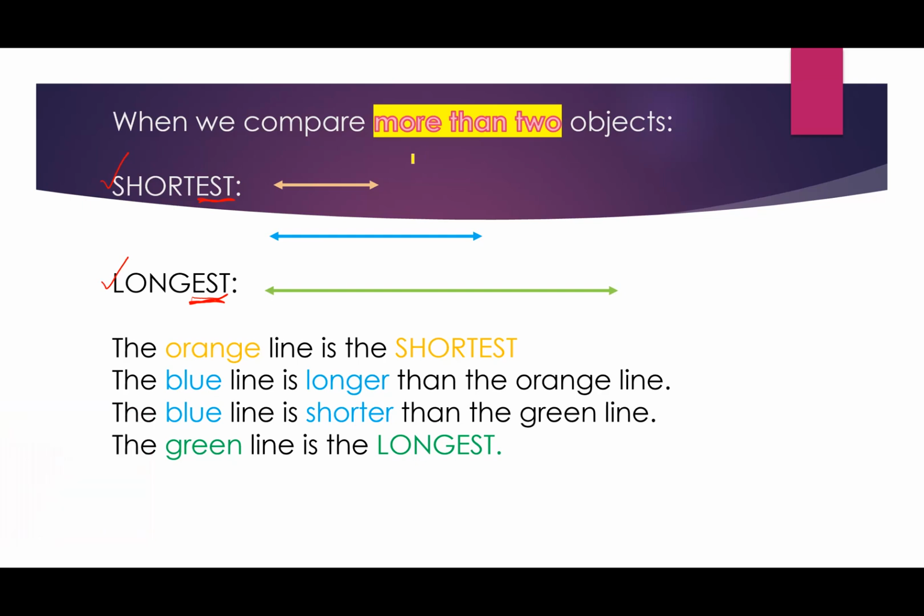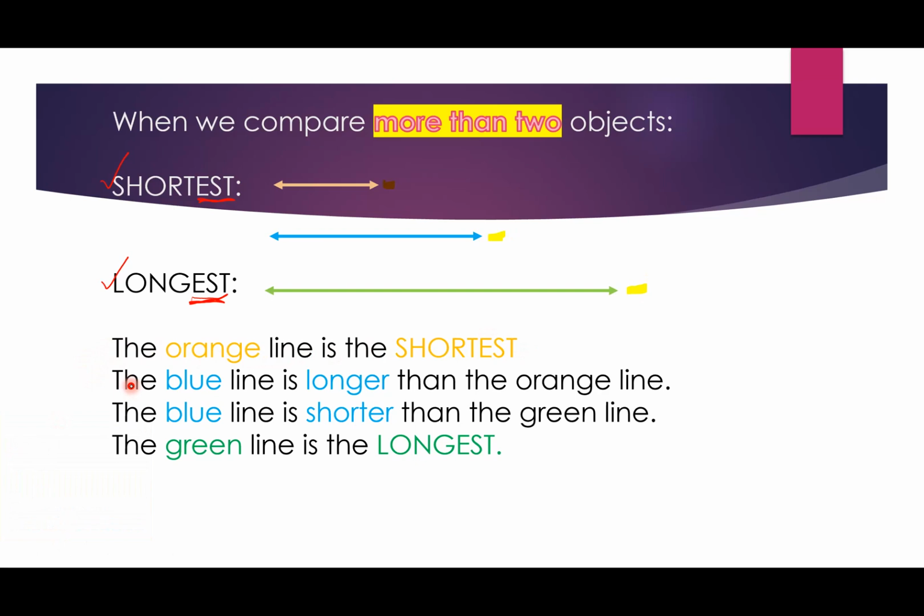Now, I have one orange line, I have one blue line, and I have one green line, right? Now, I want you to read with me. Let's start from here. The orange line is the shortest, right?